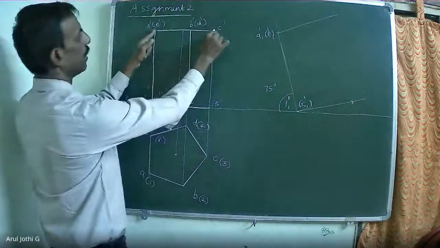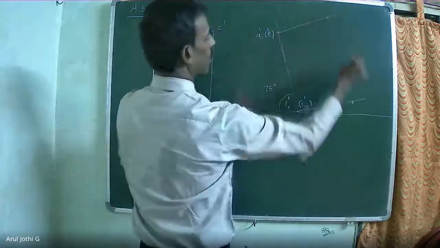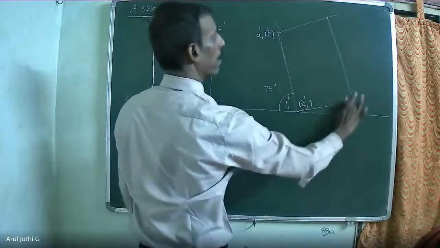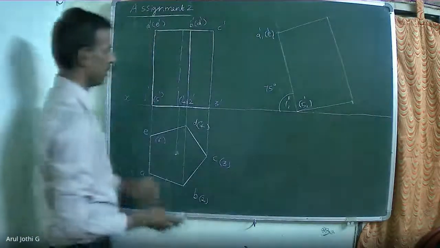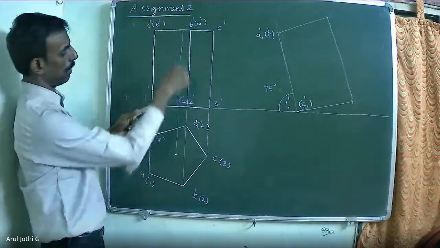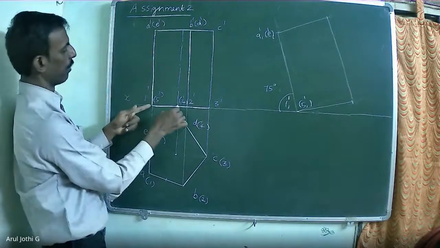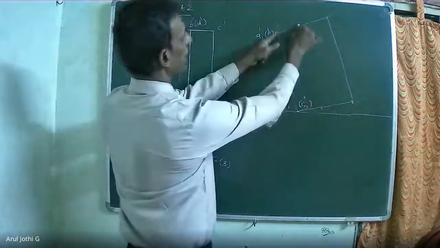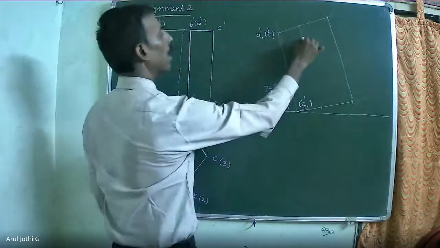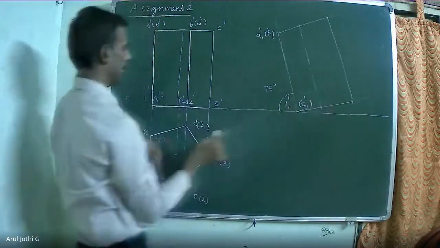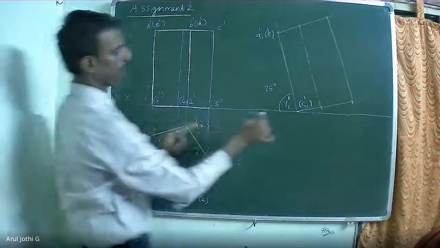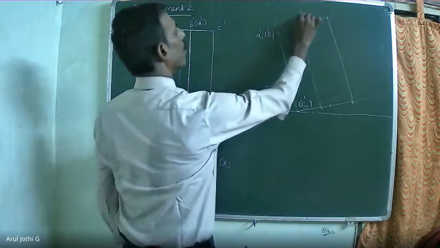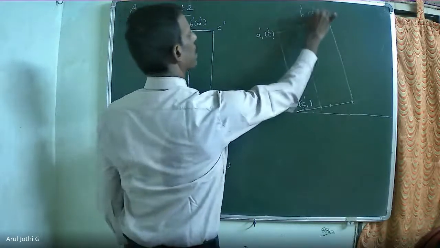Measure A dash, C dash and transfer so that you can rotate the front view. The same way, transfer the axis and this vertical edge also, B2. First transfer axis line, 1 dash to axis line. Same measurement you can transfer here. Then transfer 1 dash, 2 dash. Same measurement you can transfer here. Transfer all the notations.